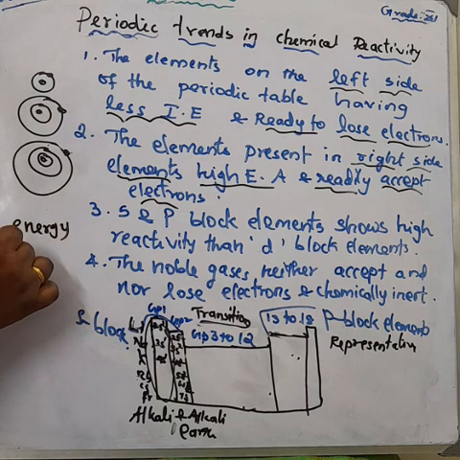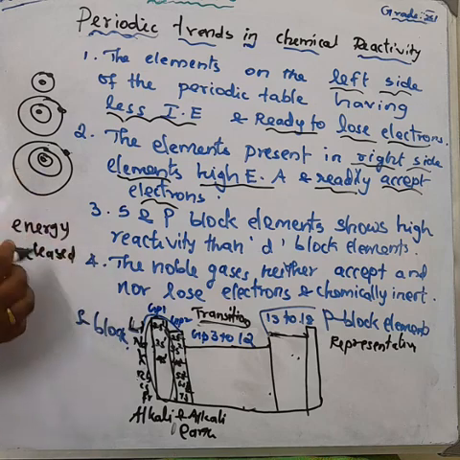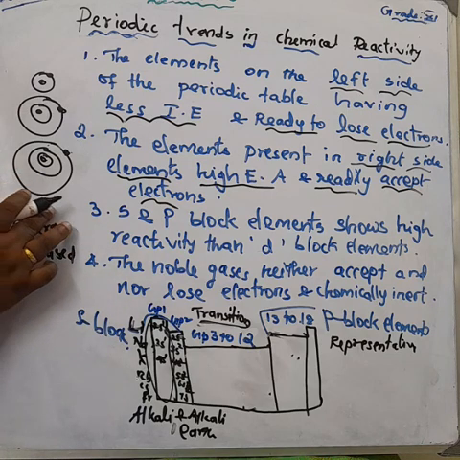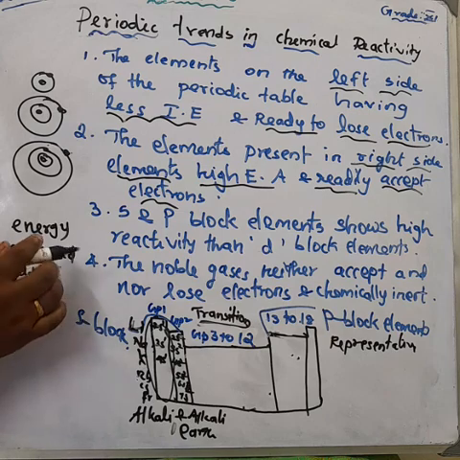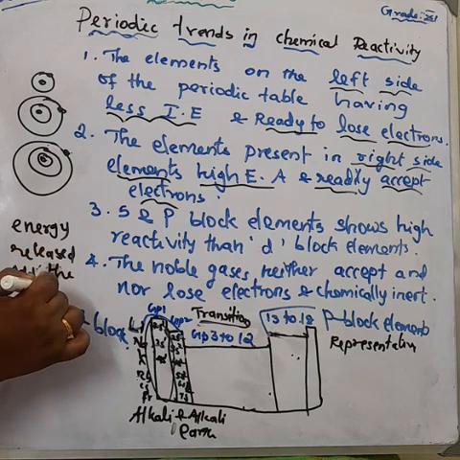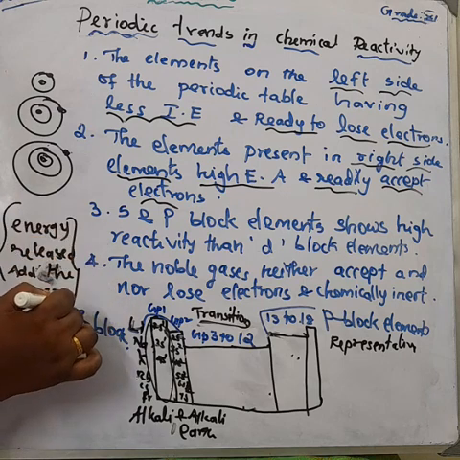When an electron is removed, we should give energy. On addition of an electron, we get energy. To remove electrons from an outermost orbital, the atom needs energy.